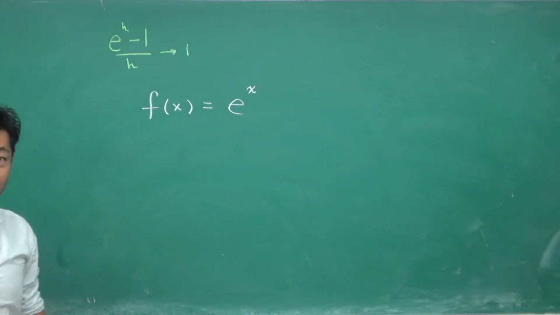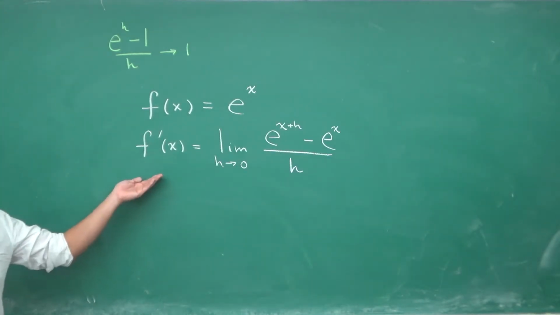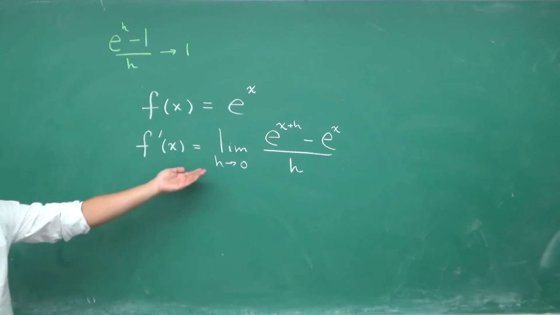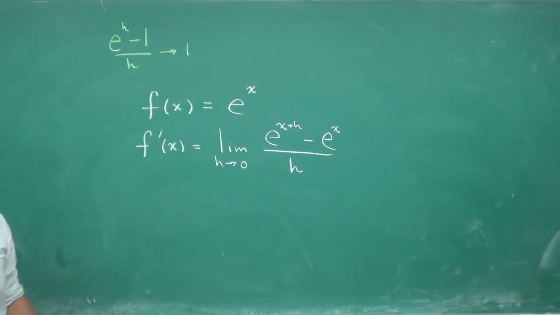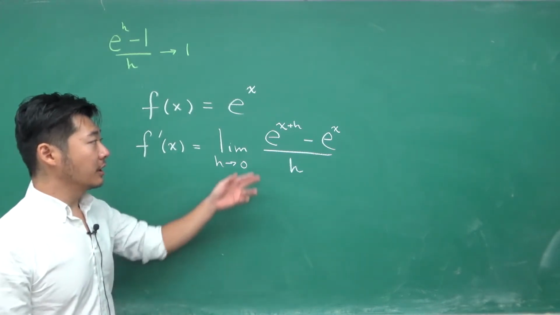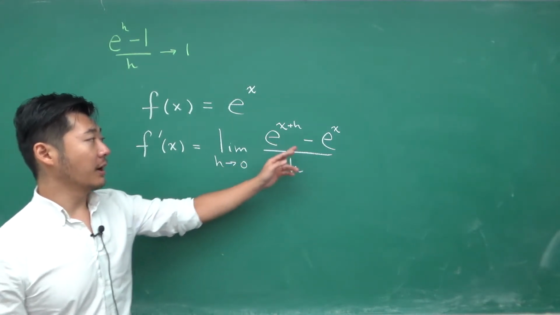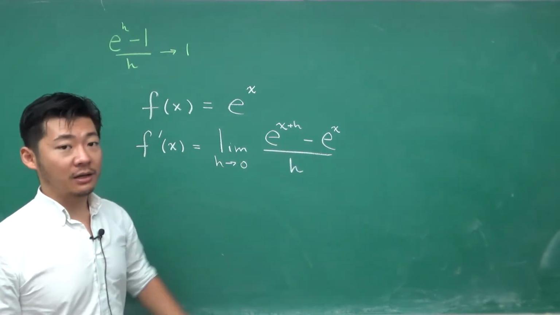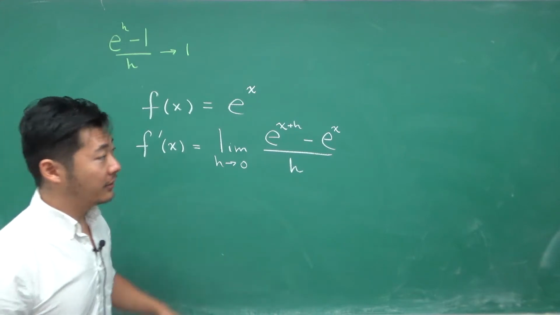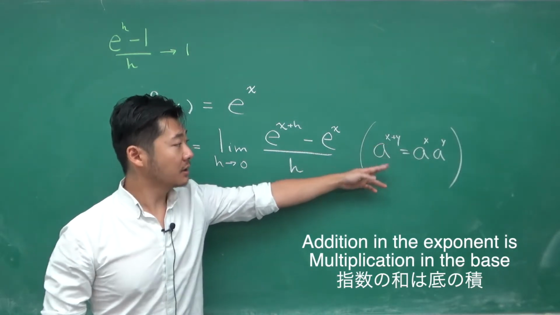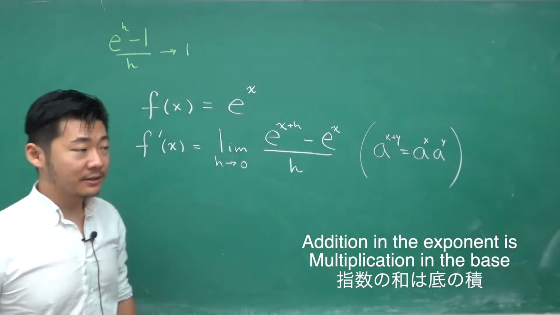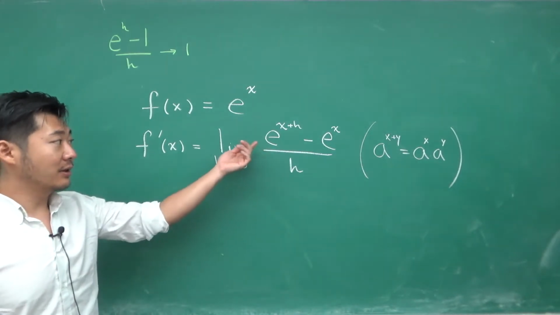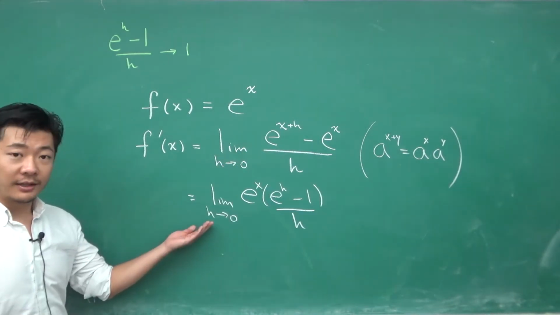And now let's take the derivative. Using the definition of the derivative, we want to evaluate this expression, the limit as h goes to 0 of (e to the x plus h minus e to the x) divided by h. Now, recall that addition in the exponent is multiplication in the base, so we can factor out an e to the x, and we get this expression.